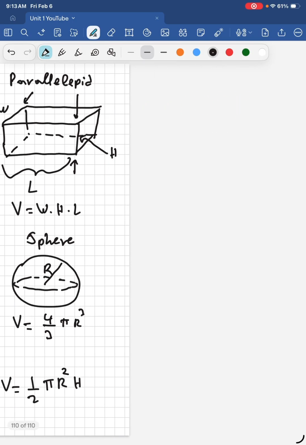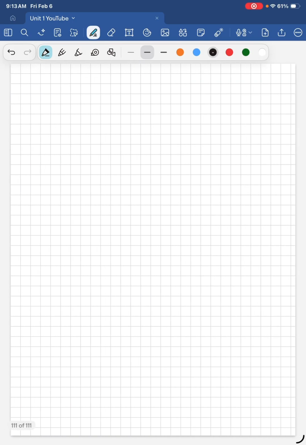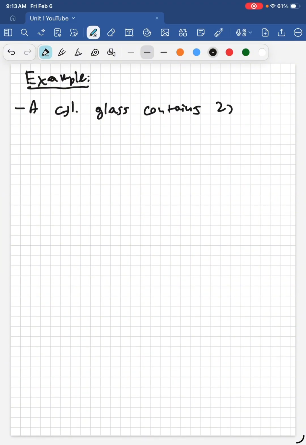All right, let's do an example, quick example. A cylindrical glass contains 282.6 grams of water.